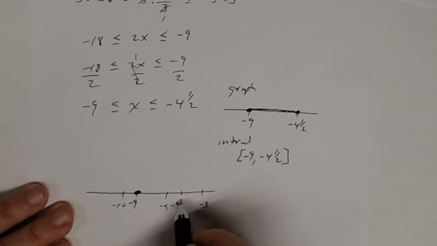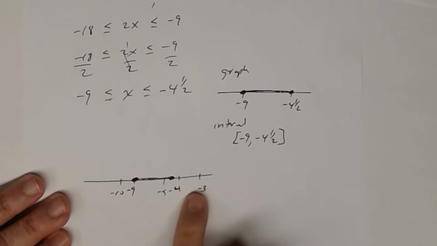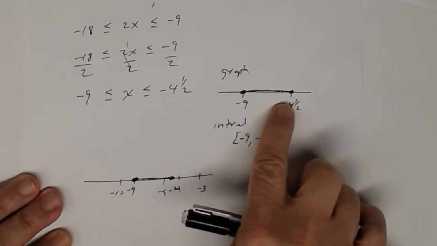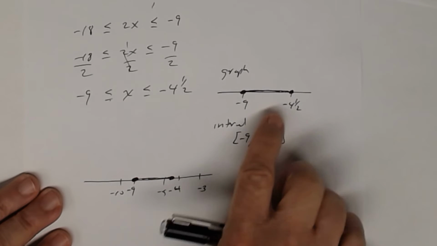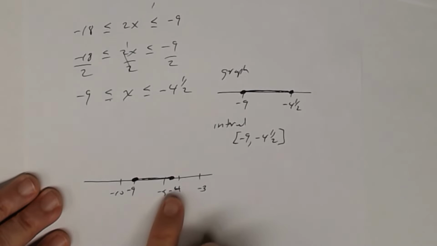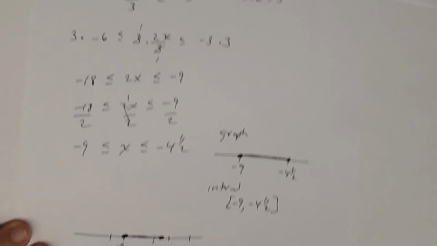So just make sure if you see this, that you put that -4.5 in the middle of -4 and -5, and then you just shade in everything between them. So just in case you had more numbers on this number line than we have here, just make sure you put -4.5 in the right spot. So -4.5 is between -4 and -5.